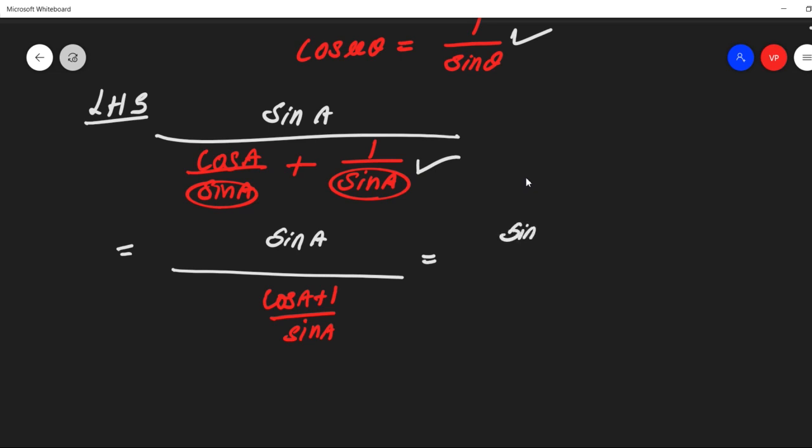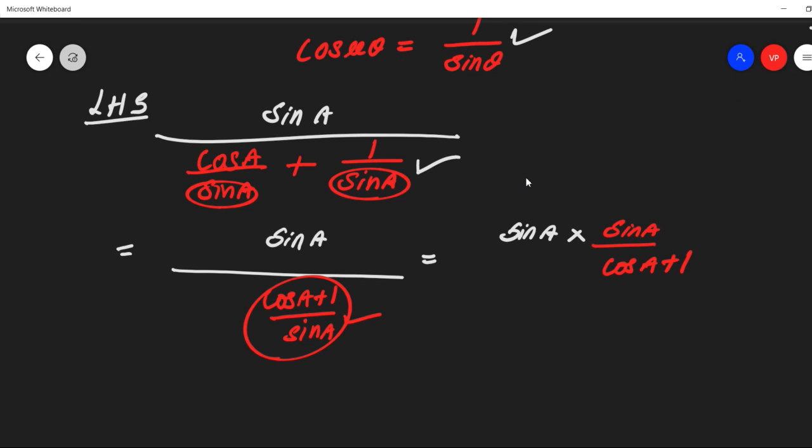Keep this numerator sin A as it is, multiplying. We are going to take the reciprocal. How will you take the reciprocal? Sin A by cos A minus 1. So this is the second step.